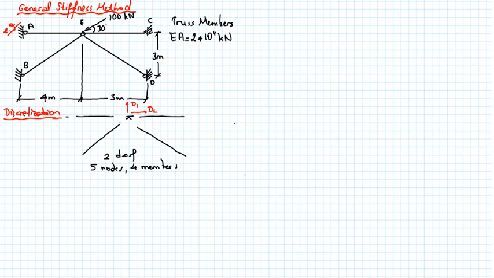I didn't draw these nodes, but let's also show them. So we got these 4 additional nodes. So 5 nodes, 4 members, and we got only 2 degrees of freedom.